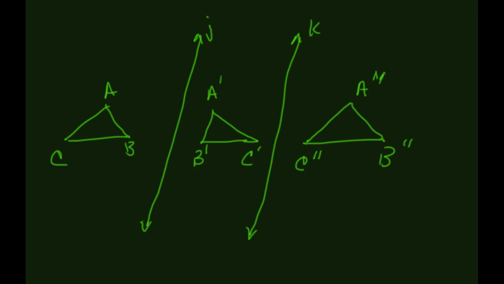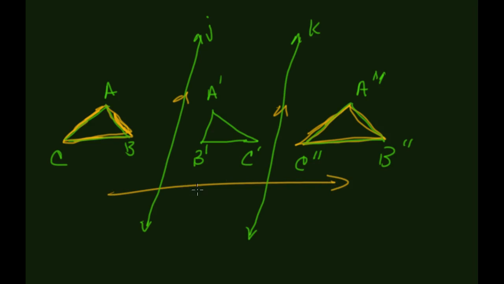If you only look at the beginning and the end, the composition of two reflections over parallel lines is the same as a translation. And it translates in this direction, and the translation is 2 times the distance between the two lines.